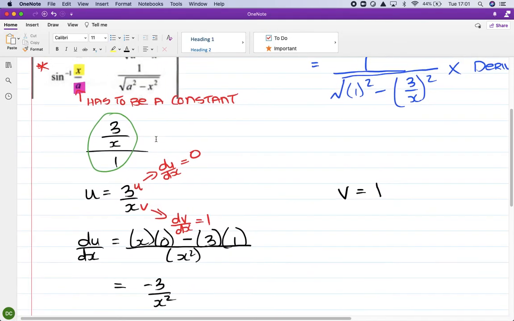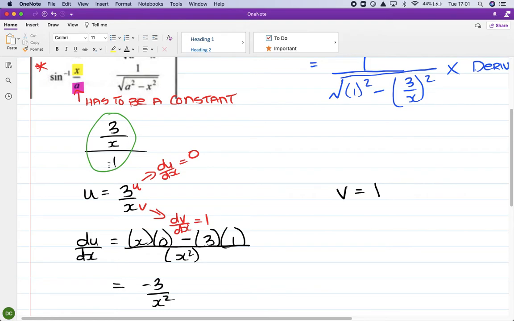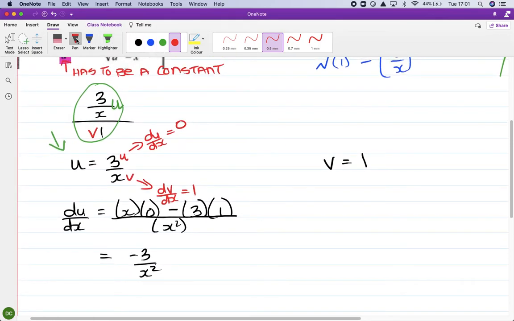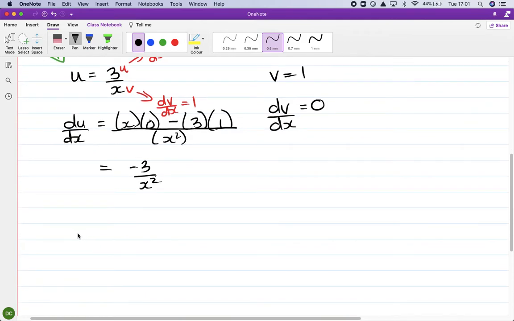Anyway, okay, so I'm trying to differentiate this. So the top line is u, and that's what I'm doing here. And then the bottom line is v, so that's what's over here. v equals 1, and dv dx is 0. Okay, so then I do my derivative.